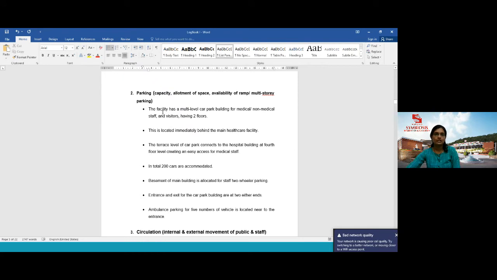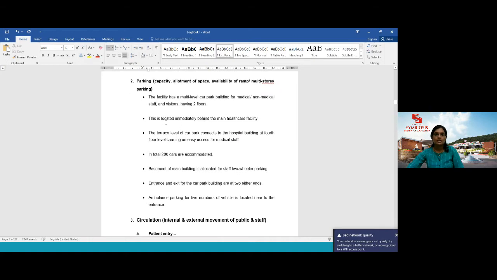Let me show you how I have written it: the facility has a multi-level car parking building. It is a separate building for medical and non-medical visitors, and it is 2 floors. It is located immediately behind the main healthcare facility.